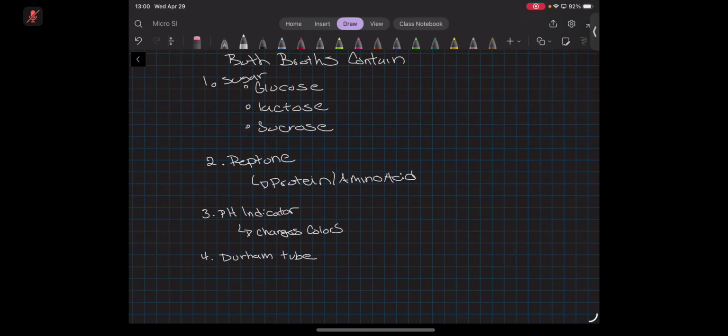This is the one that catches bubbles, but they're only in BCP, which is the glucose and lactose broths. They're in both.